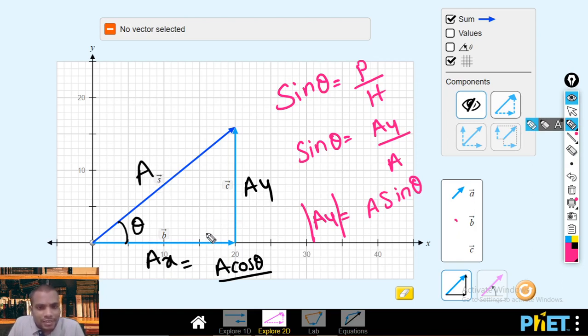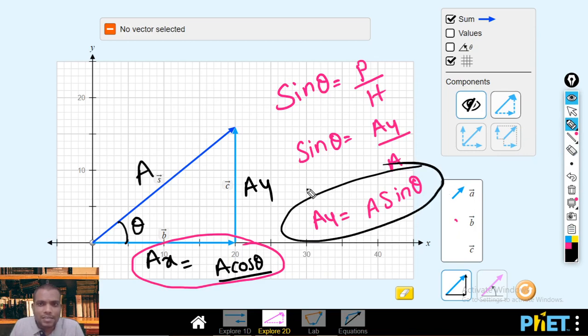If A is a vector, what horizontal component shall we take? That is A cos theta. And what vertical component can we take? That we can take as A sin theta. So a vector is resolved into two components, its horizontal and vertical components, in a two-dimensional plane.